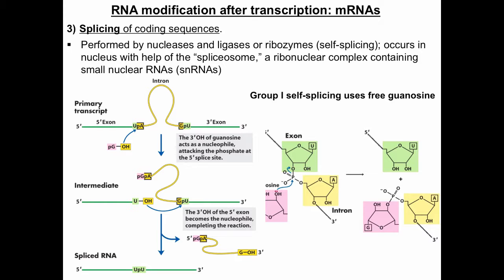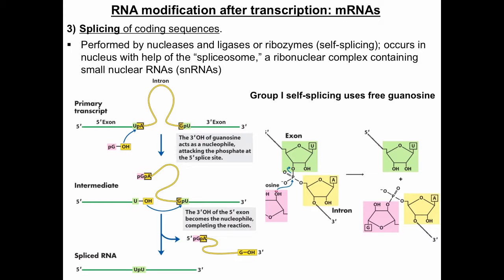phosphodiester bond. And then in the next reaction, the 3' hydroxyl group of that 5' exon attacks the phosphate at the 3' end of the intron, displacing the intron.